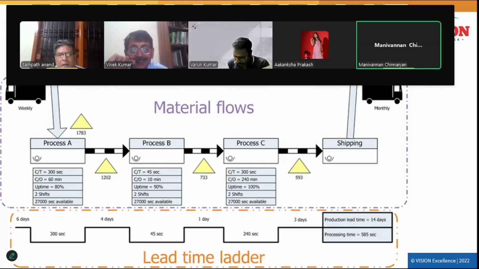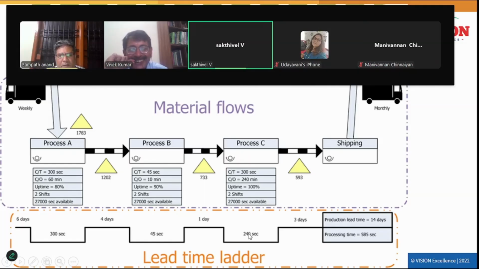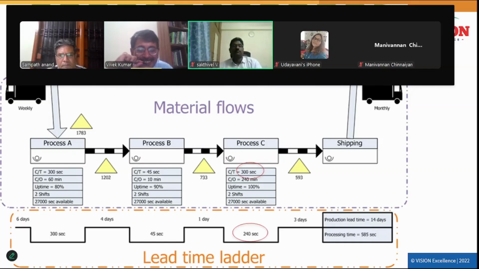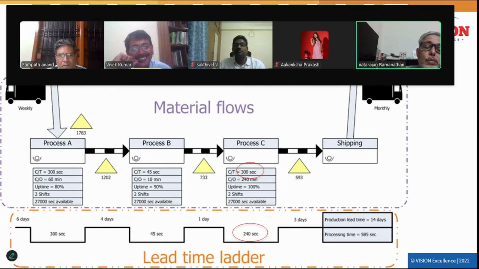Process C, the cycle time is 240 and not 300. Therefore, what is written here is wrong. It should be 300, either this is to be 240 or this is to be 300.